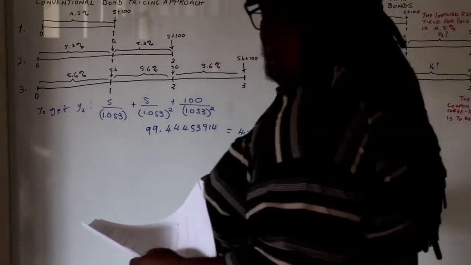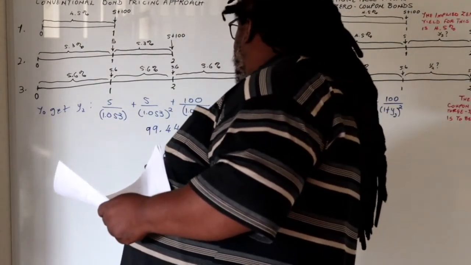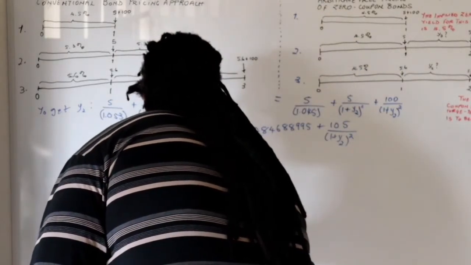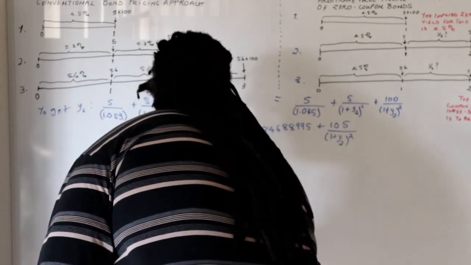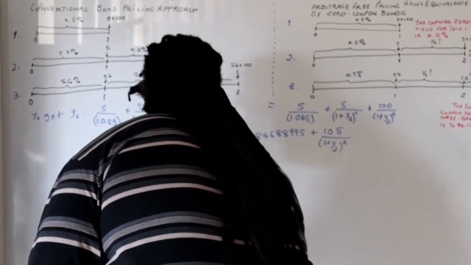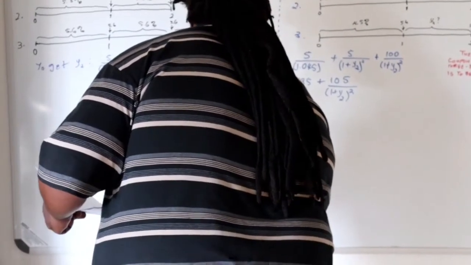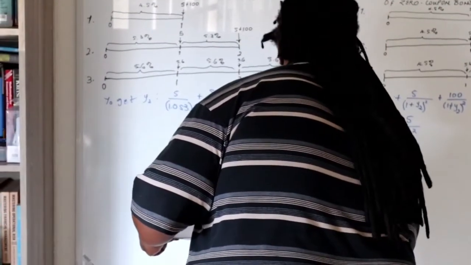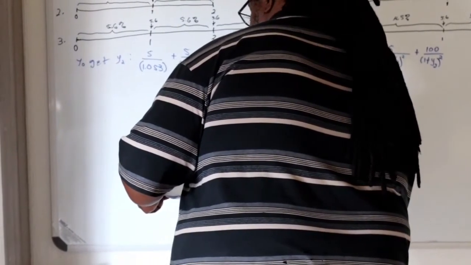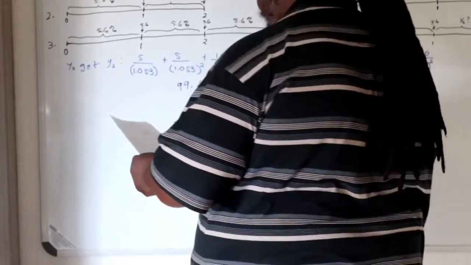So then it will be 105 over 1 plus y2 squared equals 94.65985014.